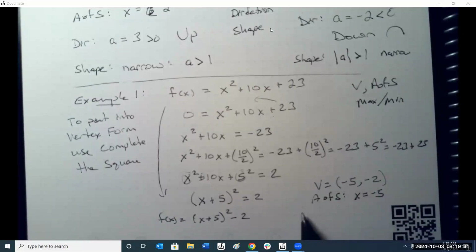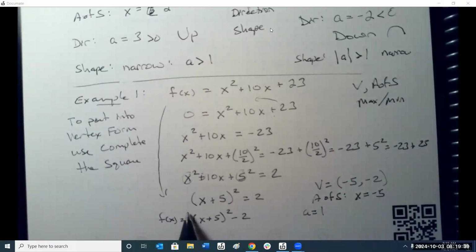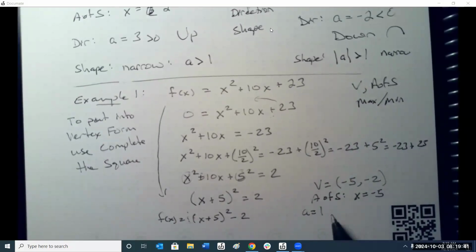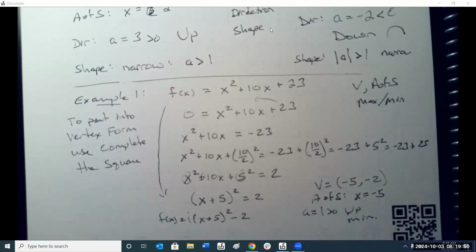And is it a max or a min? Well, since A is equal to 1, it's what's in front. It's greater than 0, so it opens up. Since it opens up, we have a min.